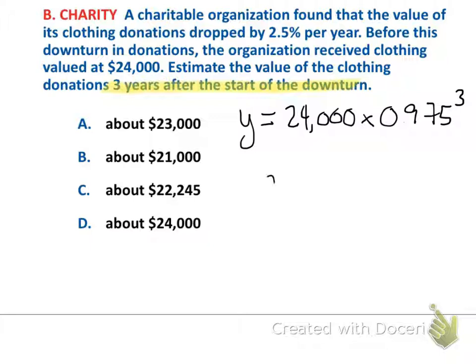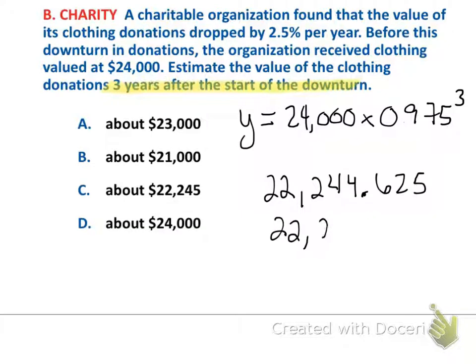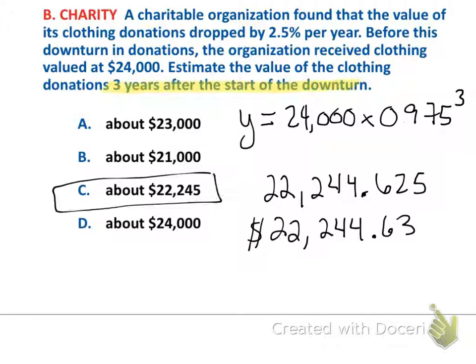And that's going to give us 22,244.625. All right, so they're not using the nicest rounding here. If I were doing this test, I would write my final answer as $22,244.63, but they use the word about, so in multiple choice, I'm going to choose C.